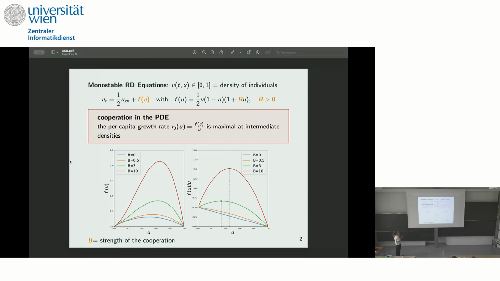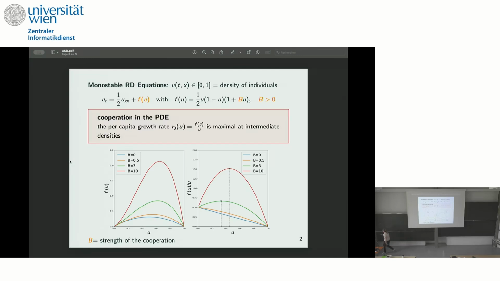So this reaction-diffusion equation is like that. You have a diffusion term that describes the migrations of your individuals, and the reaction term, the orange one, that encodes the local birth and death dynamics. And in this talk, I will focus on a reaction term of this form.